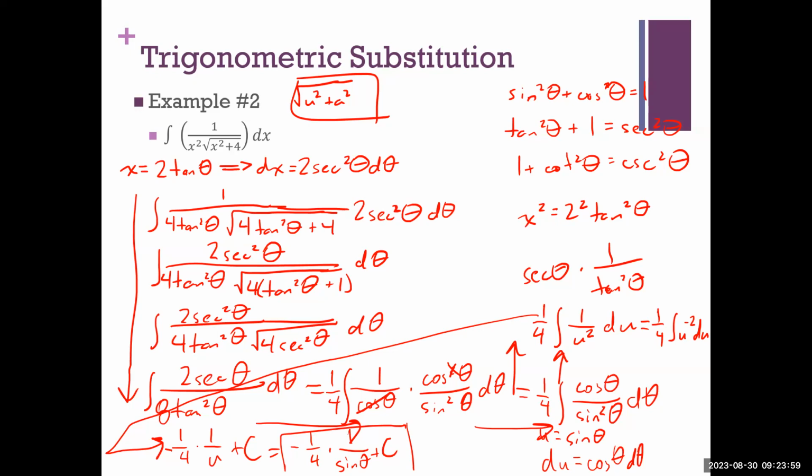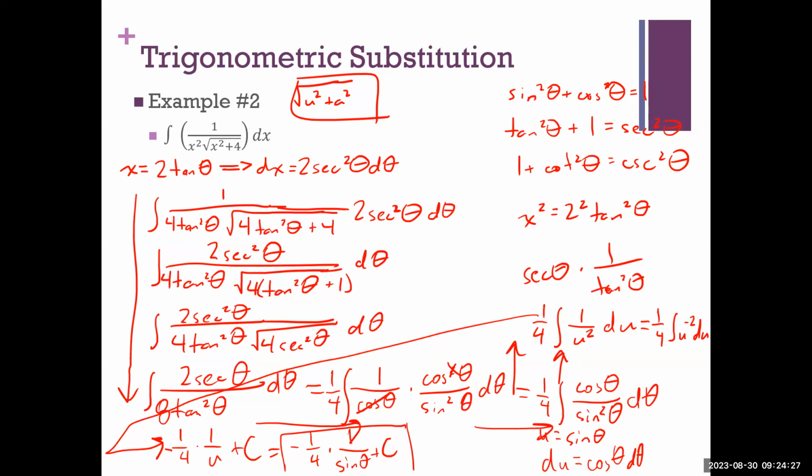If we tried the same substitution, we'd maybe get 4 tangent squared times 4 tangent squared plus 4. You'd be able to get down to a secant squared, and maybe it would work, but I'm not sure without actually going through and doing it. You might need some other techniques.